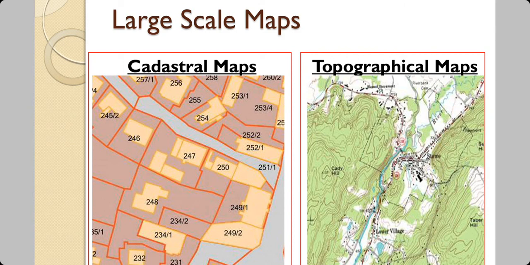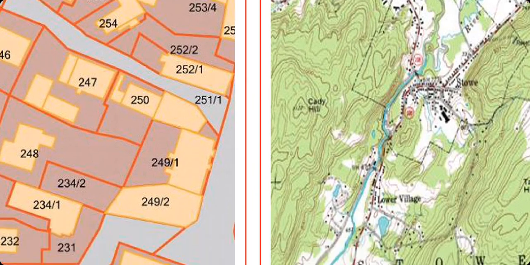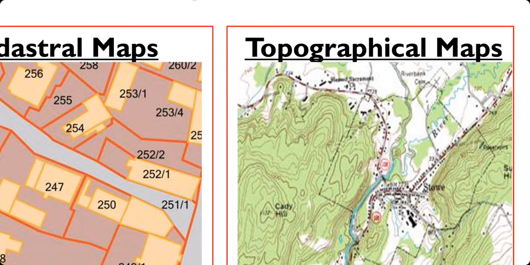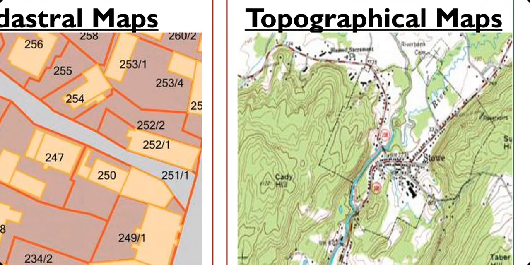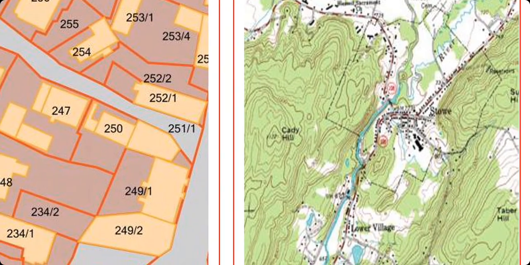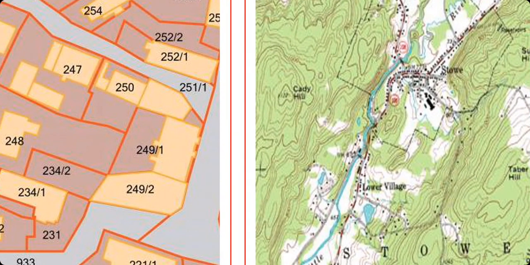It's mainly about the land. Now, in a topographical map, you can see these lines. These lines are known as contour lines. About that, we have a separate chapter. And you can see there's a hill and there's a village and there's a stream, blue colored line, which is a stream or a river flowing.